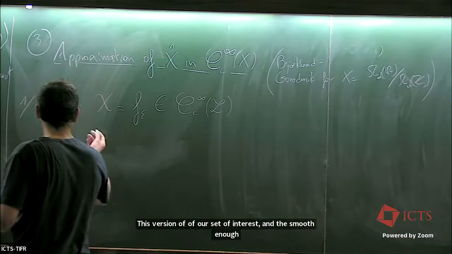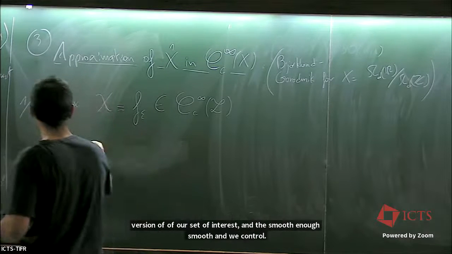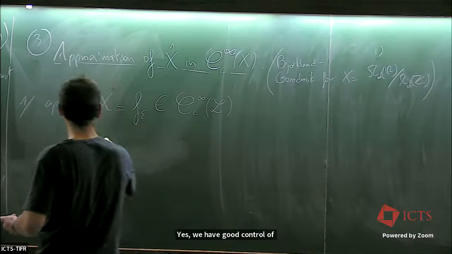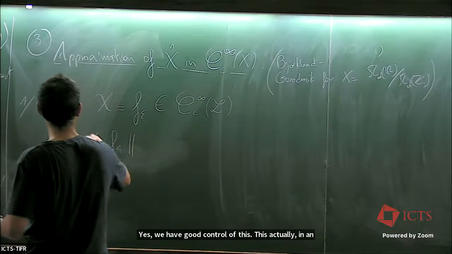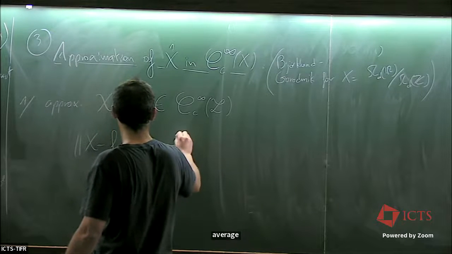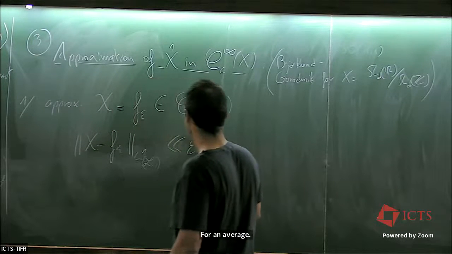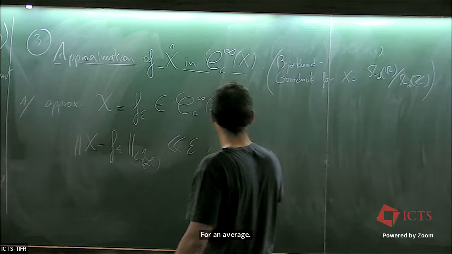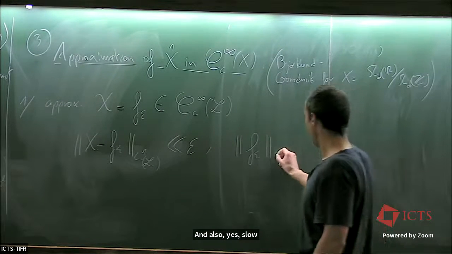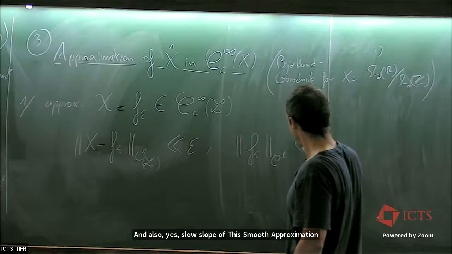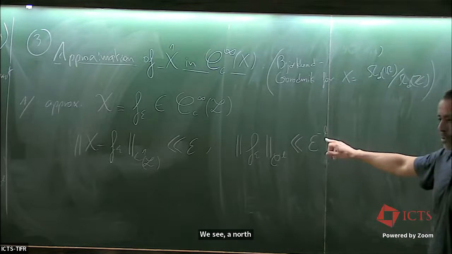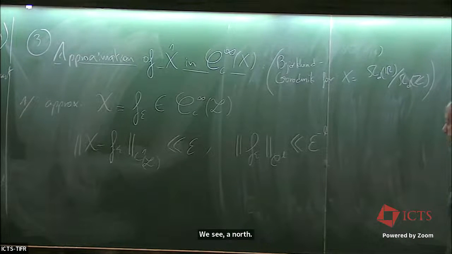We have good control of this function in average, and also the C^L norm is epsilon to the negative power of L.